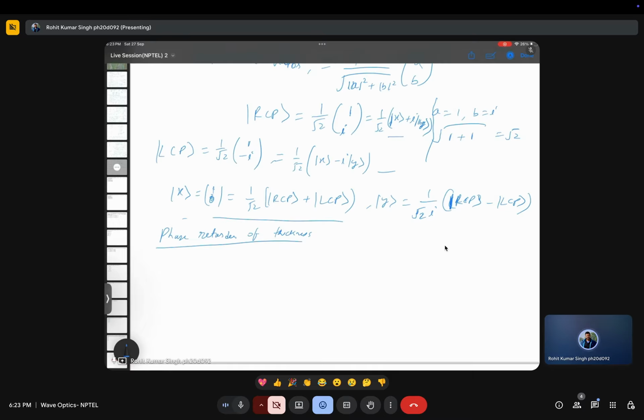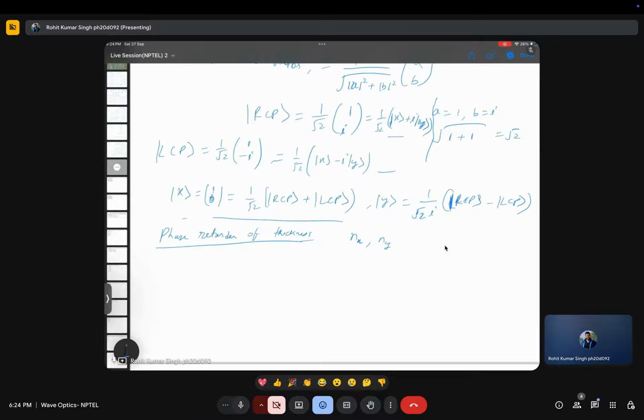If any light wave passes through it, it changes the phase of the wave. How does it change the phase? This phase retarder is made up of some material, basically quartz or calcite, and it has some refractive index, and different refractive indices in different directions. In the x direction it has refractive index nx, in the y direction it has refractive index ny.